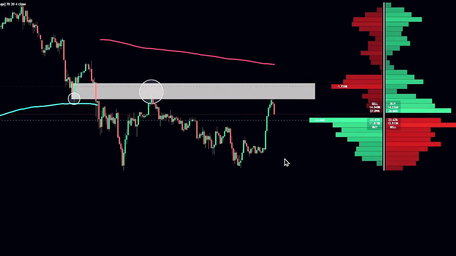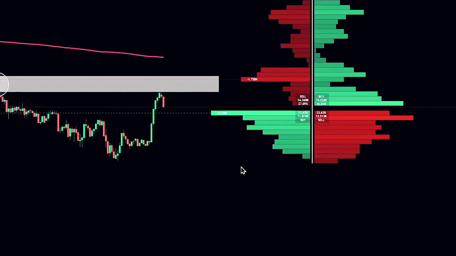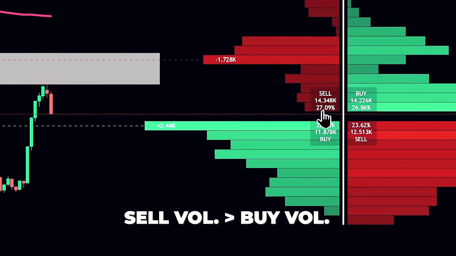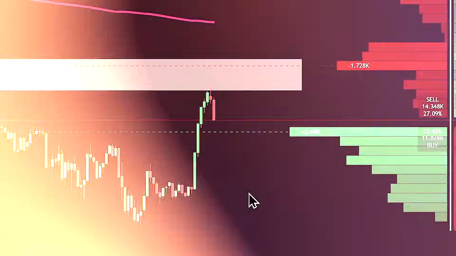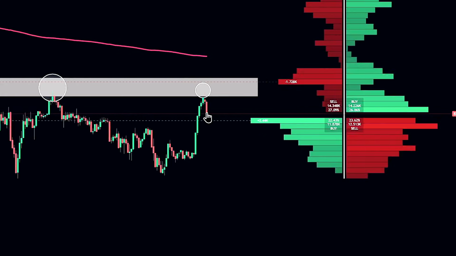Since we're selling, we also want to confirm that sell volume dominates buy volume in the percentages. As you can see, the condition is satisfied. After several hours, price retests the resistance backed by volume, a strong double confluence. We then wait for a bearish continuation, ideally another engulfing candle.